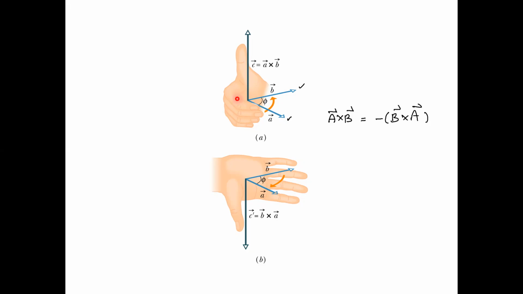Now, if you cannot roll your hand that way, you have to flip your hand by 180 degrees and then make a roll. In that case, you see that the thumb is pointing downward. So the first one is A cross B. The second one is B cross A. That points in the opposite direction.